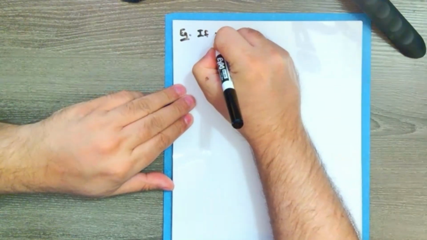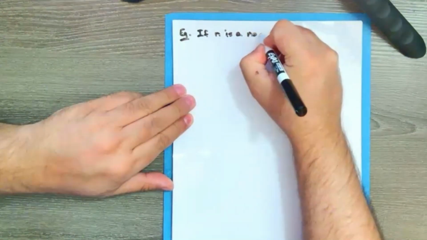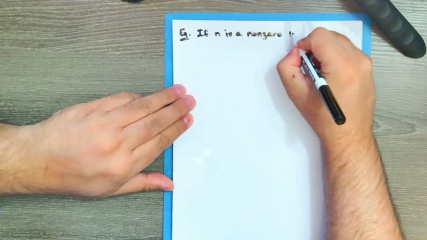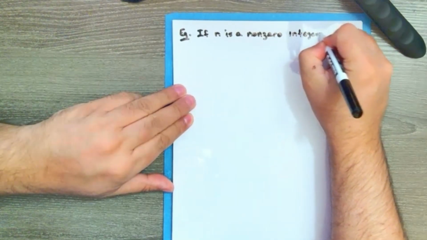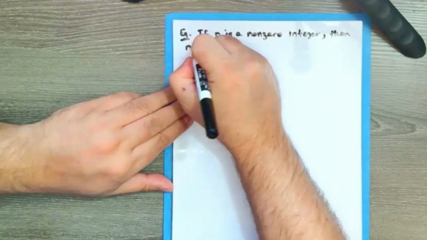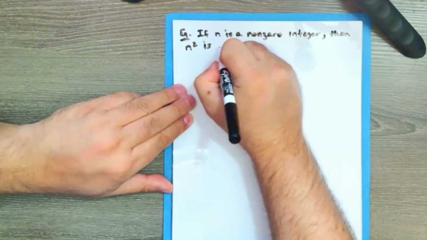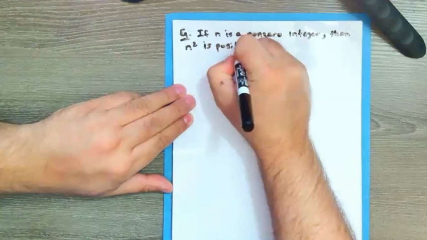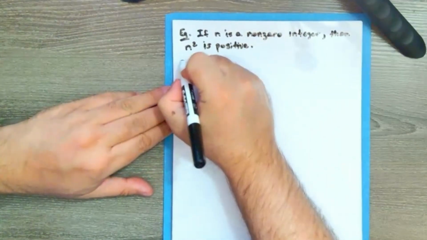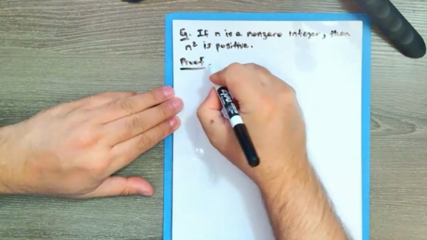If n is a non-zero integer, then the square of that non-zero integer is positive. So the proof will be a proof by cases.